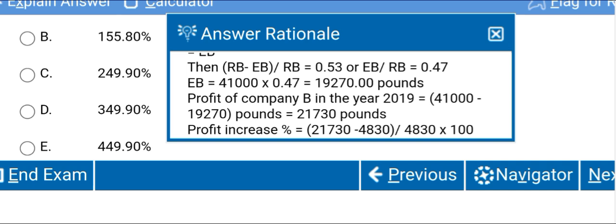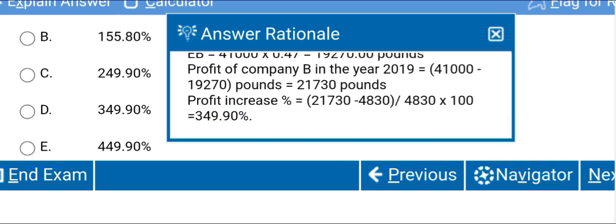EB equals 41,000 multiplied by 0.47 equals 19,270 pounds. Profit of company B in the year 2019, 41,000 minus 19,270 pounds equals 21,730 pounds.